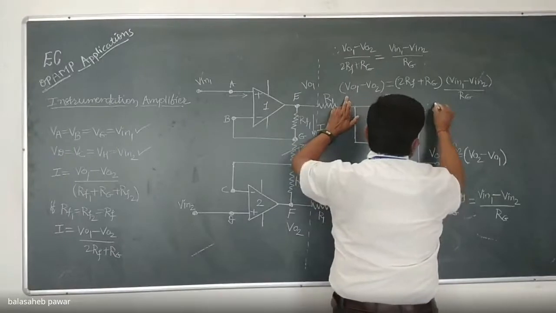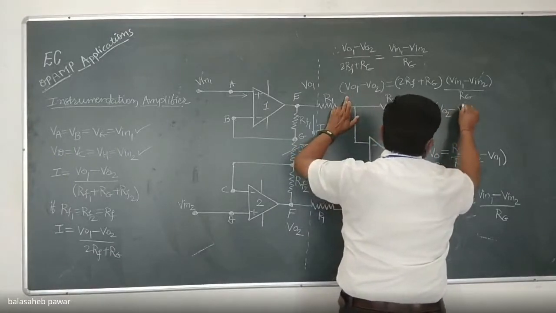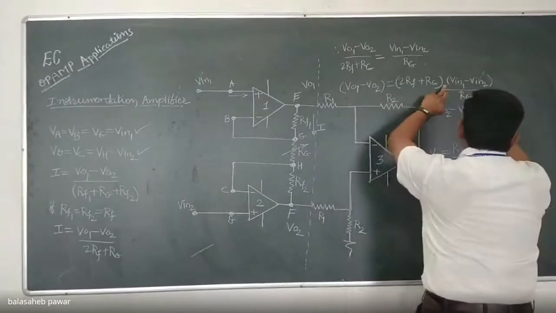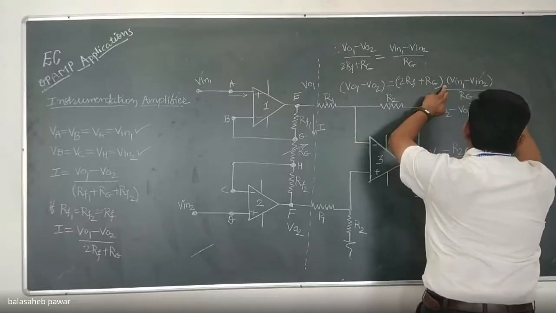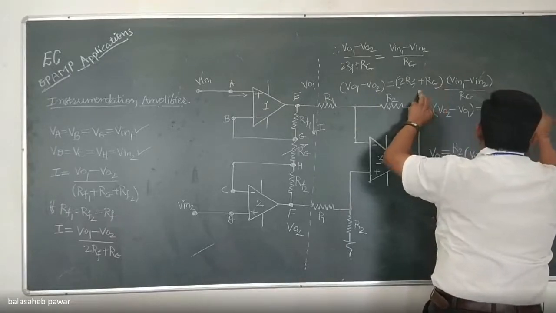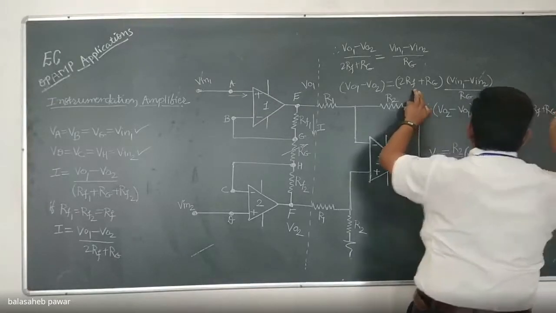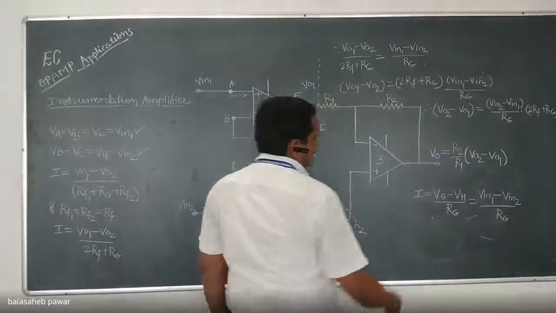So multiplying both sides by -1, we can write the same equation like this: VO2 minus VO1 equals Vin2 minus Vin1 divided by RG into this term as it is, that is twice of RF plus RG.